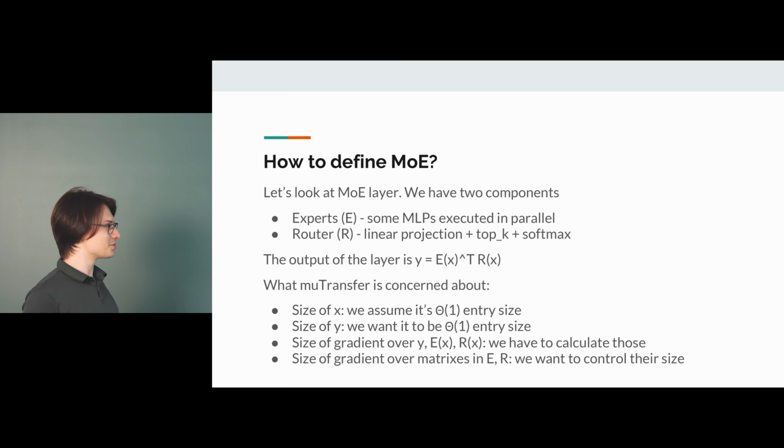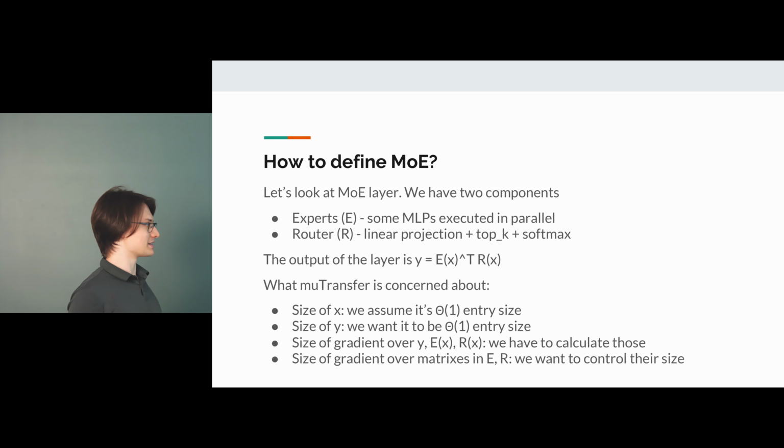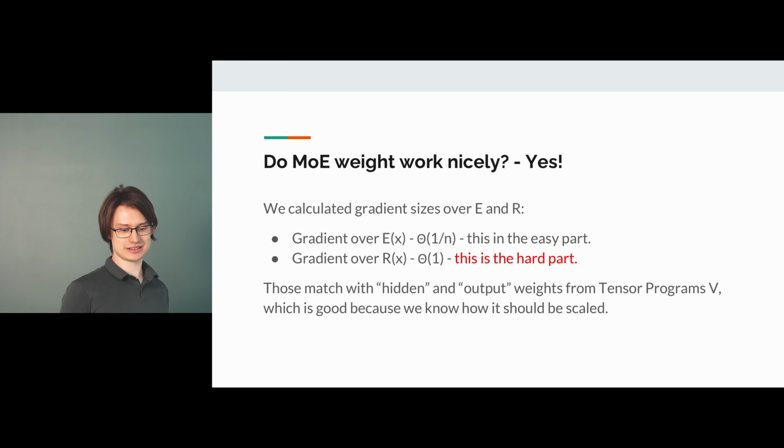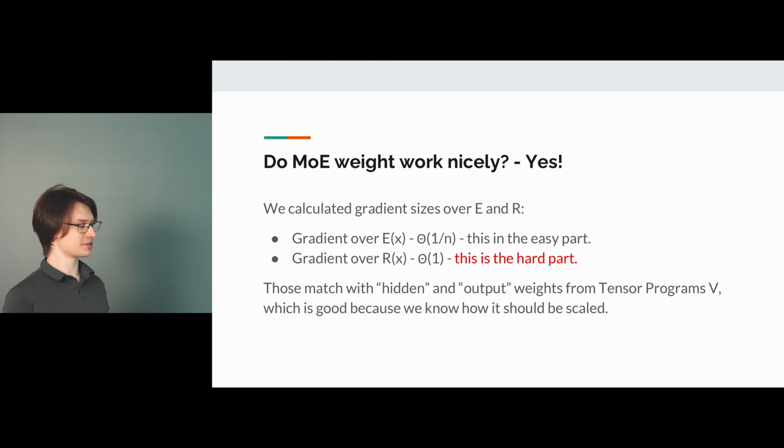We wanted to get the output of the layer right, but that's easy. The hard part is the gradients, because we have to know what kind of gradients we get to have correct update sizes. And what happened? We did derivations, and the gradient over the experts, that was an easy part, and it fit into the hidden weight.